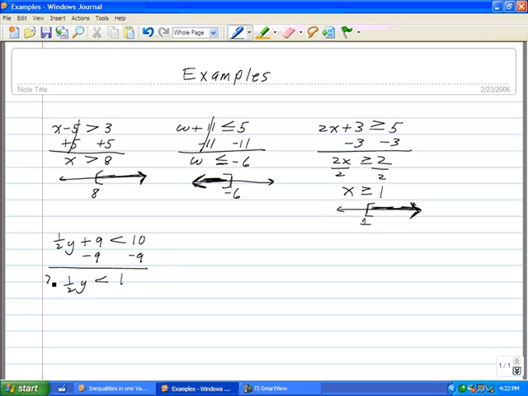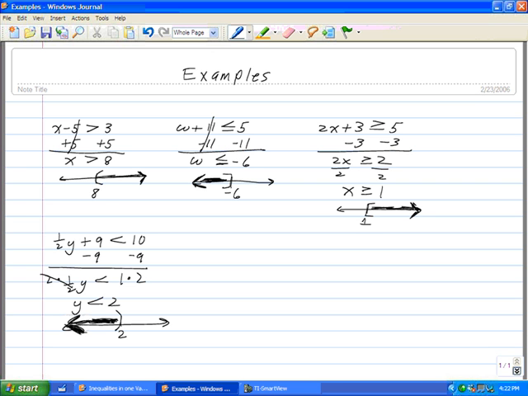I can at this point multiply both sides by 2. 2 and the 1/2 cancel, and y would be less than 2. Again, to draw this, here's the 2, round parenthesis means don't include it because there was no equal to. And you would shade to the left-hand side for less than. So everything's been the same so far.